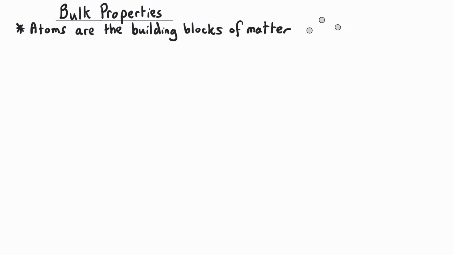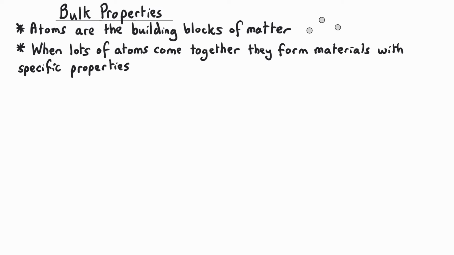We know that atoms are the building blocks of matter. They are the smallest unit that makes up everything around us. When lots of atoms come together, they form materials with specific properties that are known as bulk properties. For instance, the hardness of a material or its thermal and electrical conductivity.